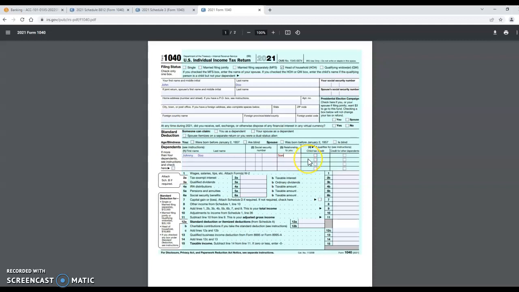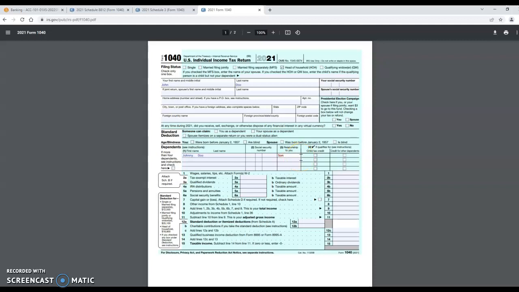The child tax credit or the credit for other dependents has to be determined whether it applies to each dependent, and the correct box checked. Since Johnny is a qualifying child, passes all the tests to be a qualifying child, and he's under the age of 18.